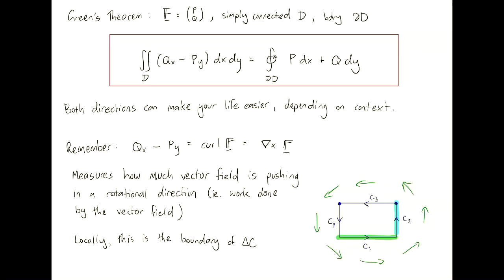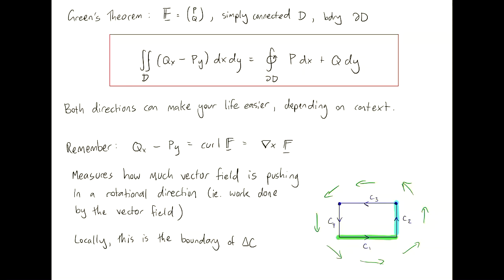So then we proved Green's theorem and said, okay, so the integral of the curl over a region is equal to the integral of the work done by the field around the boundary. So the projection of the field onto the tangent of the boundary integrated up. Because remember, what is a line integral but taking the projection of the field onto the boundary and adding all those little bits up?